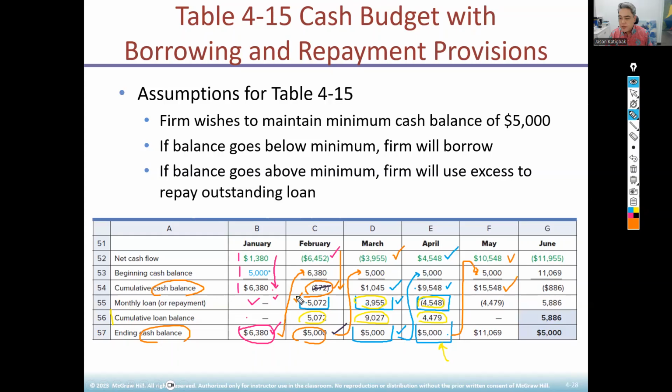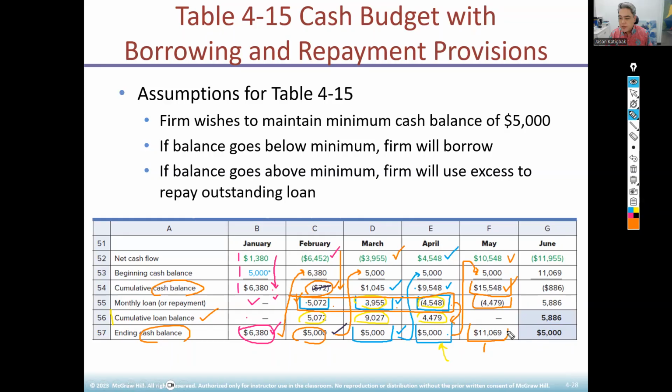So if I add here, if I have 5,000 all the way to the deduction of the payment of 4,548 in the month of April, so 5,072 loan in Feb plus the loan in March minus the payment in April, you would actually have a balance of 4,479. That's why it's called cumulative loan balance. So I have 15,000 right now, so I can actually pay that 4,000 and liquidate it. So here's my cash balance without any outstanding loan and still more than 5,000.